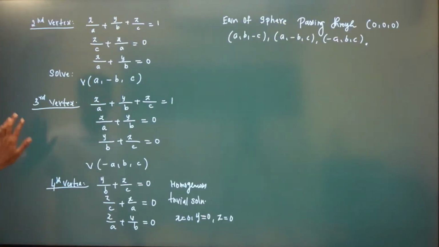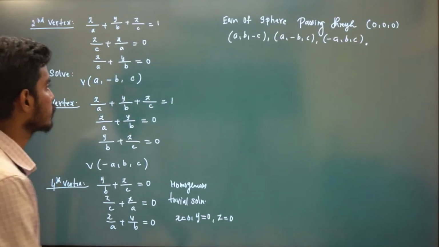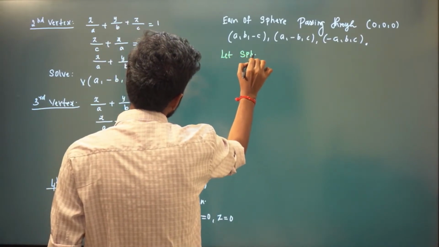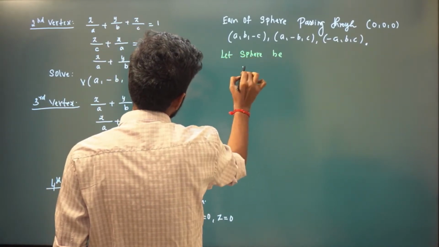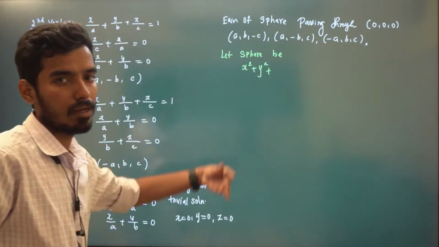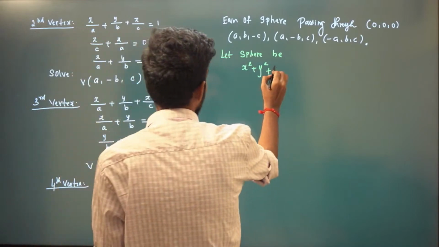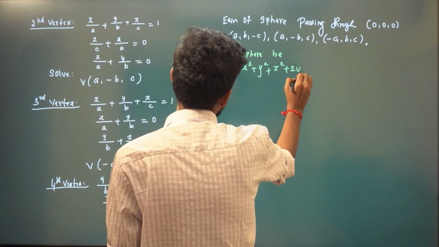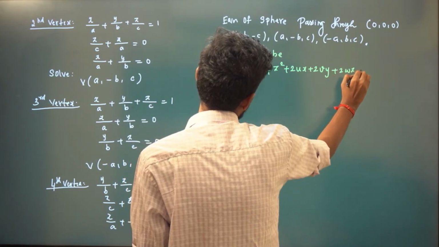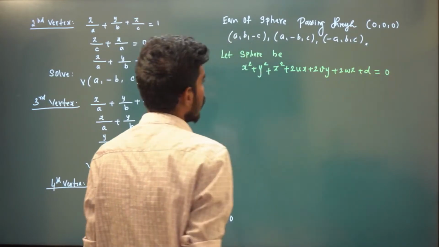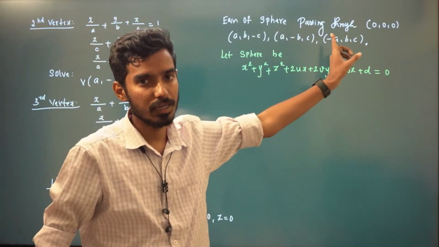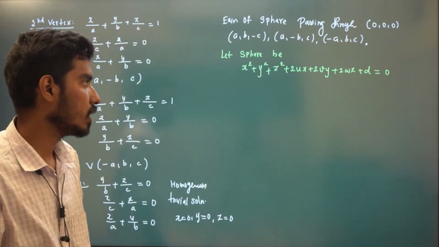Now let the equation of the sphere be very simple from now on, right? Equation of sphere passing through 4 points. Assume a sphere x square plus y square plus z square plus 2ux plus 2vy plus 2wz plus d is equal to 0. Now find u, v, w, d in terms of a, b, c, because it is passing through these points.